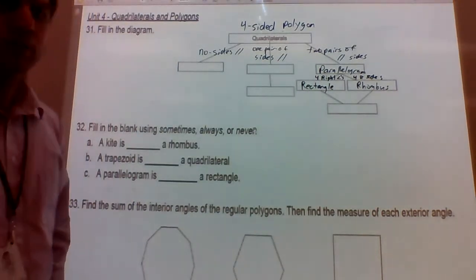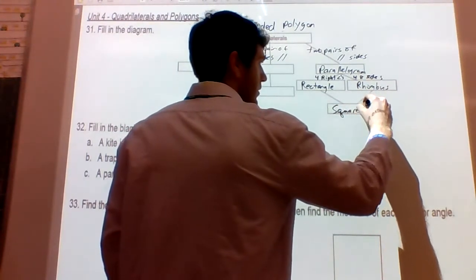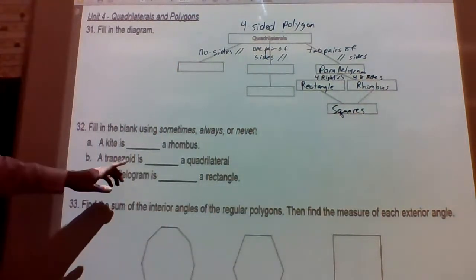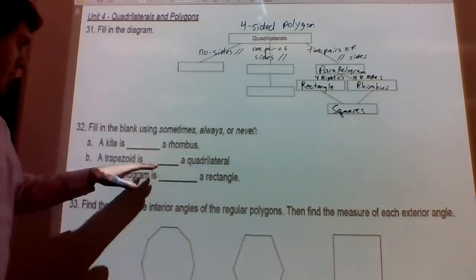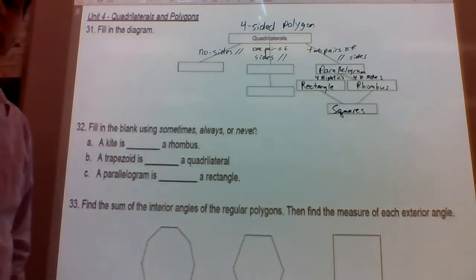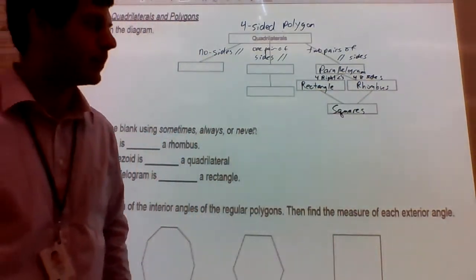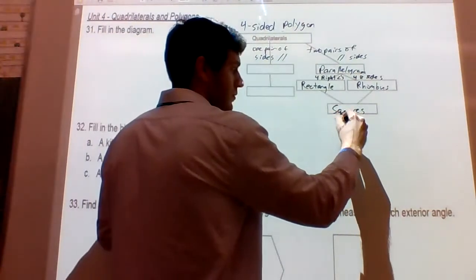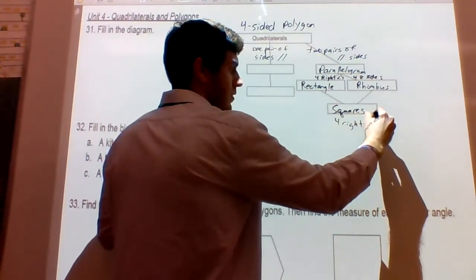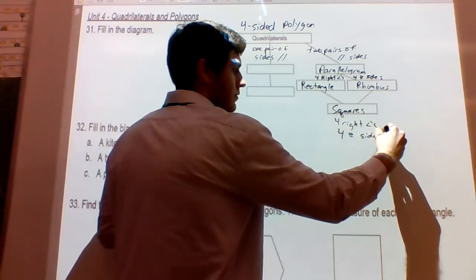Okay. And then we also had squares. Squares were rectangles and rhombuses. It was one of our questions on the test. They didn't put it here, but it should have been always. Squares are always rectangles and rhombuses. A square is defined as having 4 right angles and 4 congruent sides.